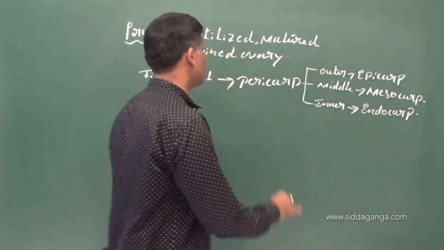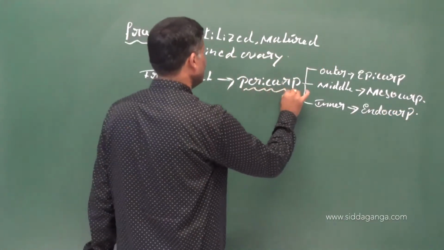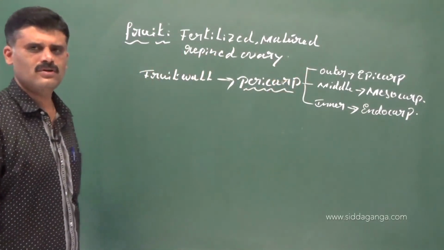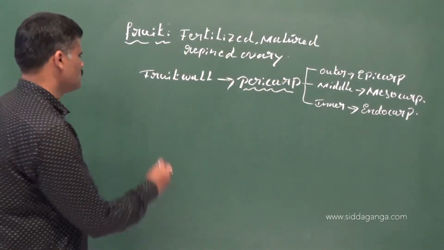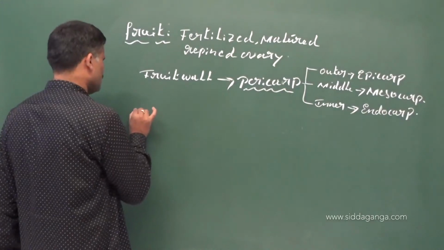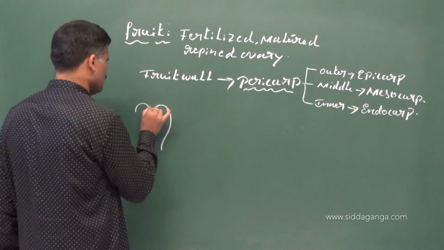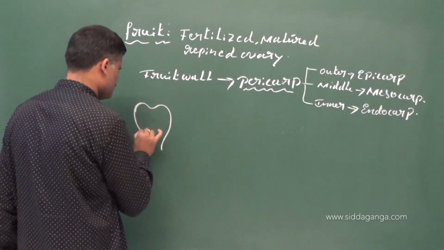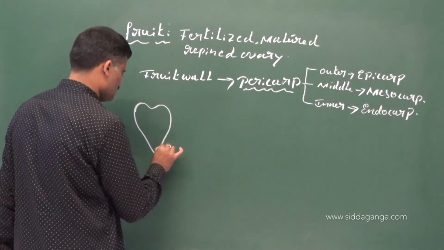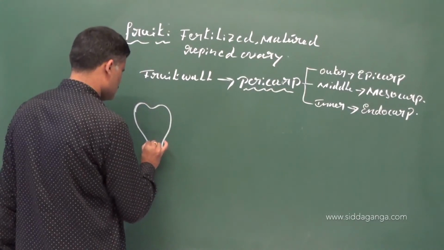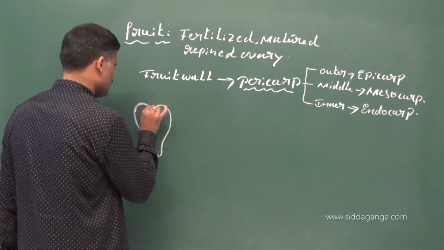Totally we call it pericarp. It is nothing but the fruit wall. Okay, so when you take a fruit like mango, here we can easily differentiate these three layers.